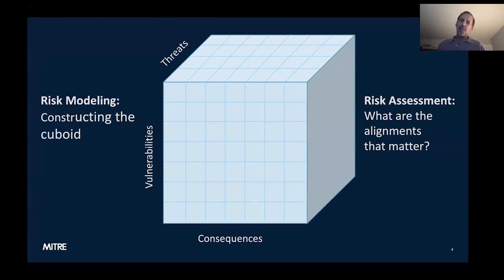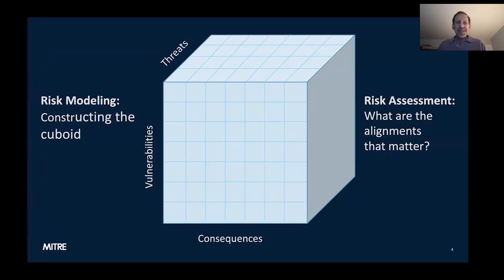Every cell in that cube represents an alignment between a particular threat, a particular vulnerability, and a particular consequence. The risk assessment tells you which of those alignments you actually need to worry about. Typically there are a lot of them that you don't need to worry about, because for one reason or another they don't align in the context of your specific system or environment.